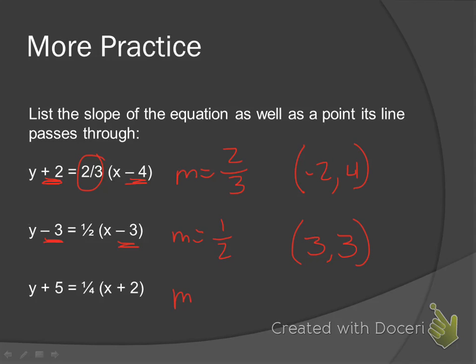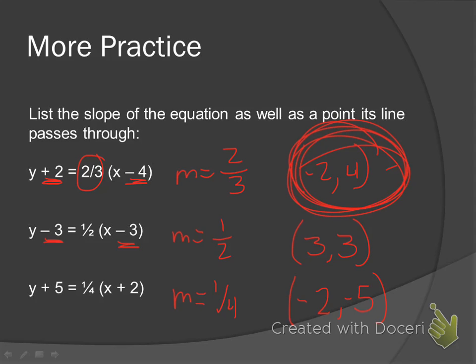Okay, the answer is m equals 1/4, and the point is going to be -2, -5. Okay, and I just realized that this one right here is wrong. So if you can correct it and tell me why it's wrong, I will give you some extra credit tomorrow.